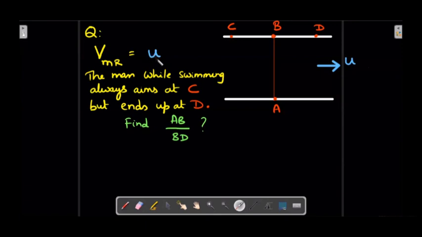If this was not U, listen carefully, then there could have been a chance of reaching C, right? Let's say this is 10U. If the man's capabilities are more powerful than the river's flow, wherever he aims, he will try to reach that. But whenever these two are equal to each other, there is no chance. Here I'm pretty sure it won't reach.